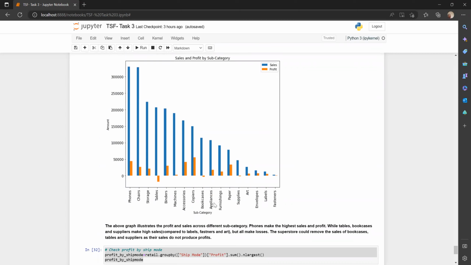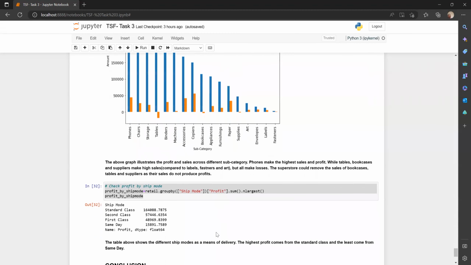Phones make the highest sales and profits, while the tables, bookcases, and suppliers, although they make high sales, especially the table makes the highest sales, but then they make losses. The table has the highest losses. So the Superstore could remove the sales of bookcases, tables, and suppliers, since they do not make any form of profit, so as not to get any more loss.